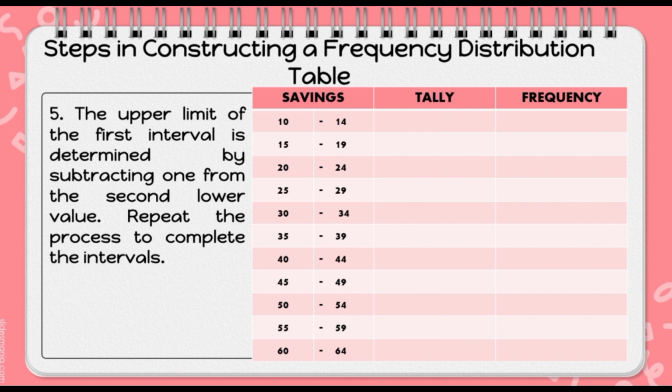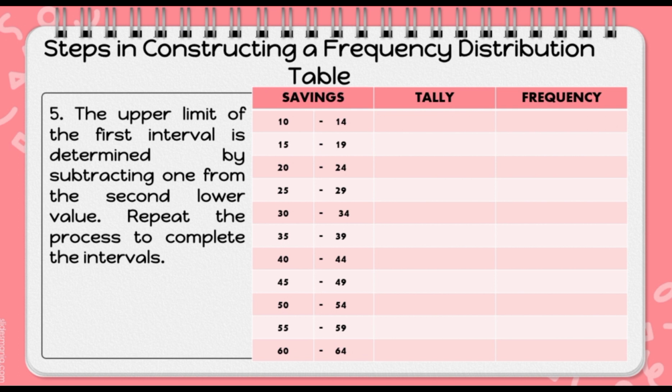In order to solve for the second upper limit, we have to add our class size to our first upper limit. Again, our class size is 5, so we simply add 14 plus 5.